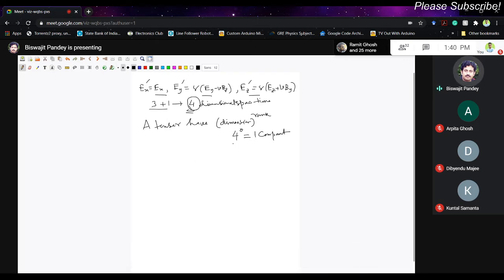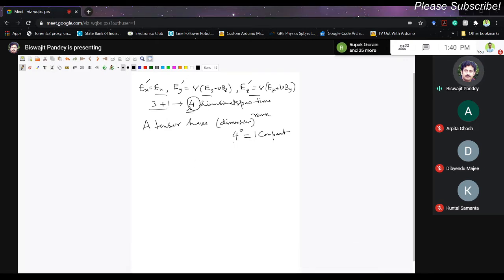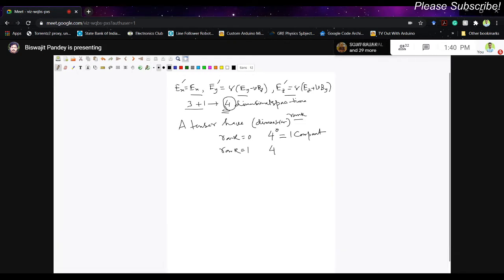If we have a rank 1 tensor, that will have 4 to the power 1, that's four components. Four-vectors are an example of a rank 1 tensor, which have four components.